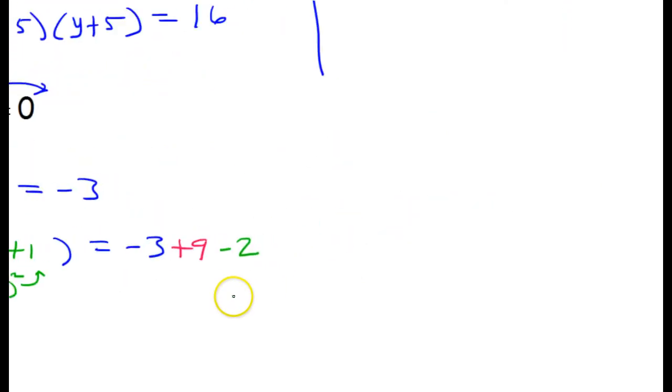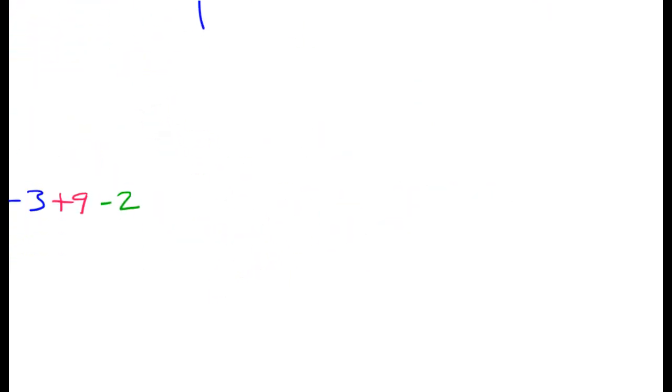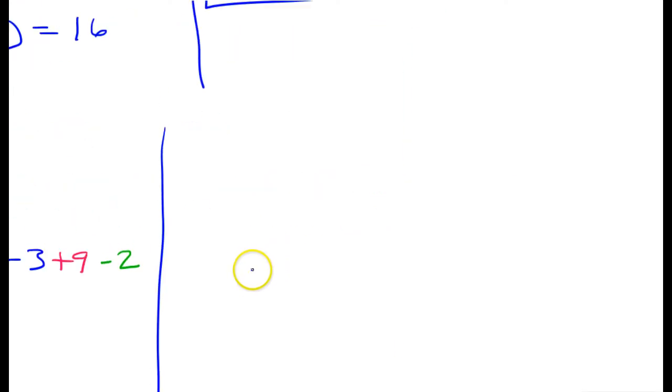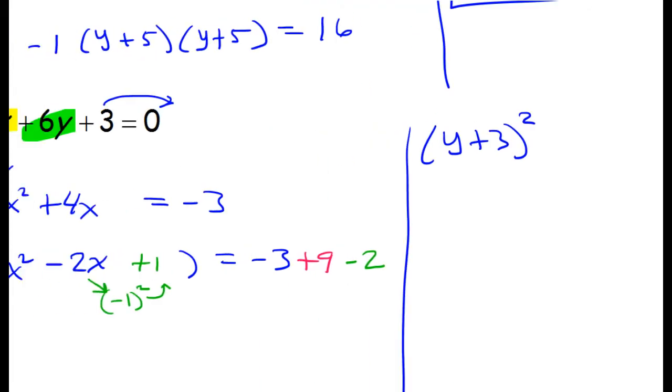So now I'm going to factor. And I'm running out of space, so I think I'll just start over here. So y squared plus 6y plus 9 is going to factor as (y plus 3) times (y plus 3), which I could write as (y plus 3) squared.